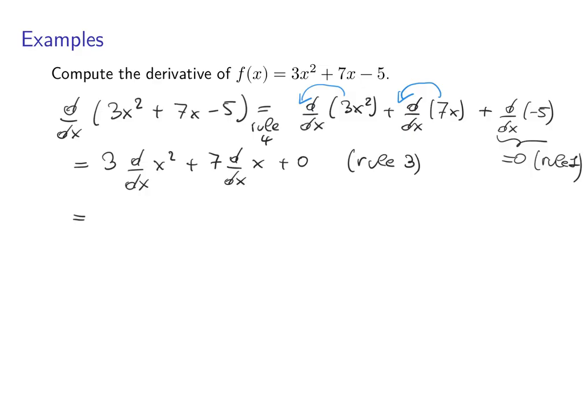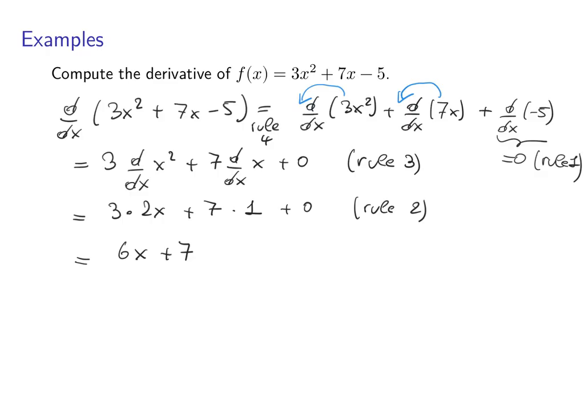Now we have the derivative of x raised to some power, so here we can use rule number 2. You can write this as 3 times 2x plus 7 times, and then the derivative of x, that is just 1. And then plus 0, just to carry it along. If we simplify, what do we have? 6 times x plus 7. And here too, if you plug in x is equal to 1, you get 13. That's the same answer as we had before.